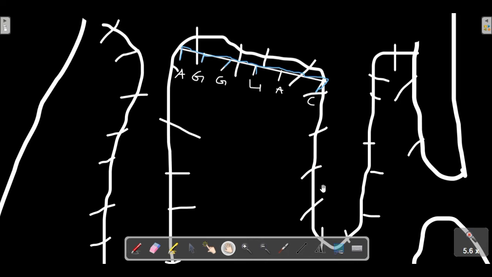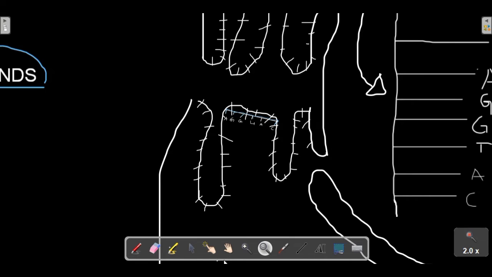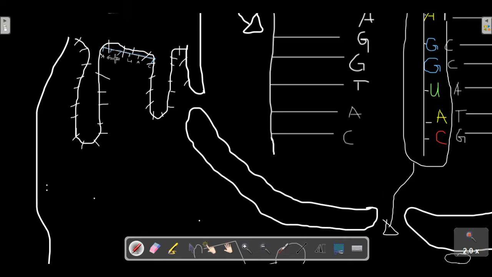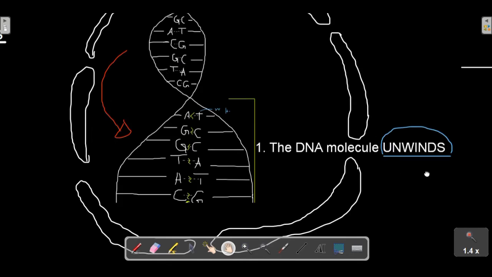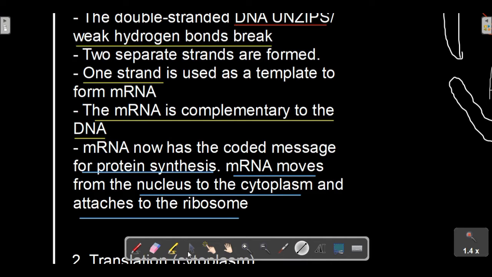So that's the last step, right? When you have your mRNA exiting the nucleus through the nucleopores, and then attaching onto the ribosome. That's the last step of the first stage, which is the transcription. So the mRNA, we say that it has a coded message for protein synthesis, and it moves from the nucleus to the cytoplasm, and then attaches to the ribosome.